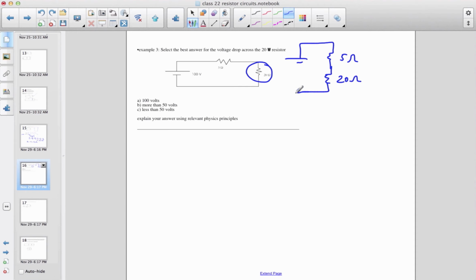It's going to be more than half because the voltage drop is proportional to the resistance. In fact, you could use a ratio: 20/25 of 100, so that would mean 80 and 20. But the point is that it's not all of the 100, because the 5 ohm resistor also has a voltage loss across it.